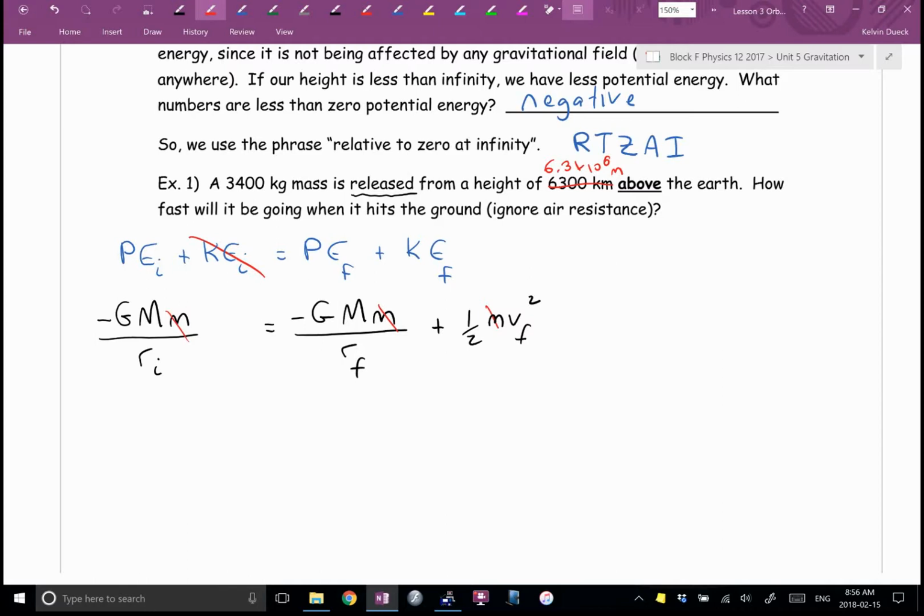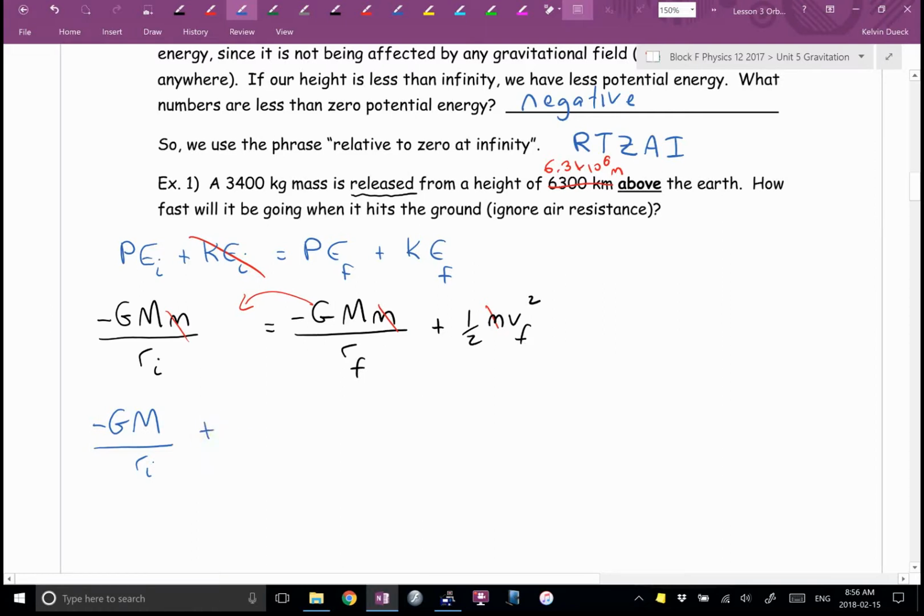This is around where my love for getting things by itself dies. I am not going to try and get the v by itself. Instead, I'm going to get this whole thing by itself. I'm going to add this to that side. The negative big G, big M over R initial drops down like a domino, and I now have a plus.